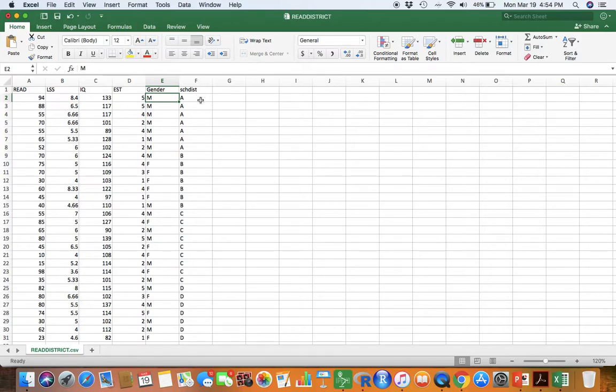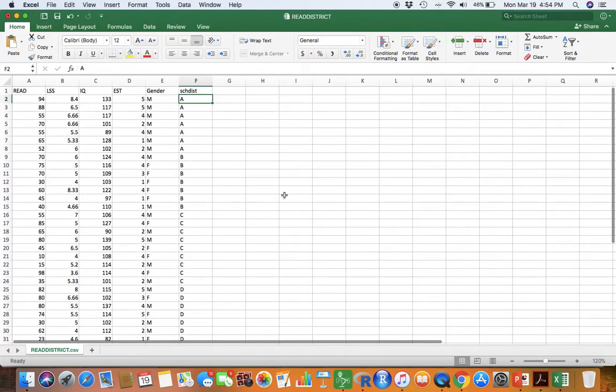But with school district, we have 4 school districts here, A, B, C, and D. So in this case, whatever the first level of a categorical variable is, speaking more in general, that will be the base group.